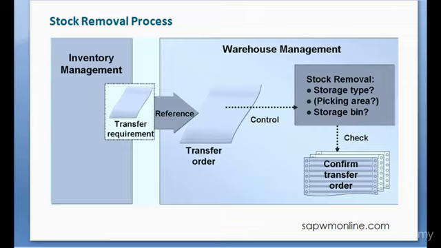For example, if there is a scenario wherein we would want to pick quality stock and send it out, then we would need to make a requisite entry in the search sequence for stock removal such that the system is able to find quality stock based on the search sequence that has been maintained in customizing.